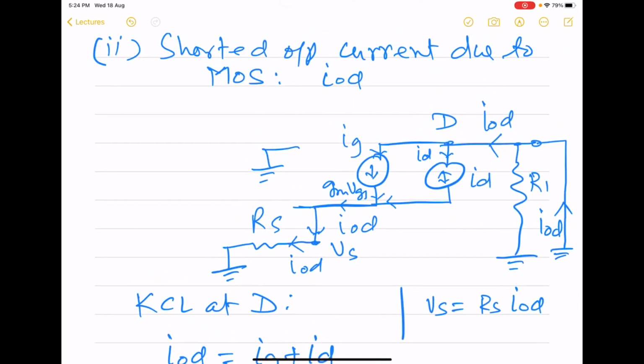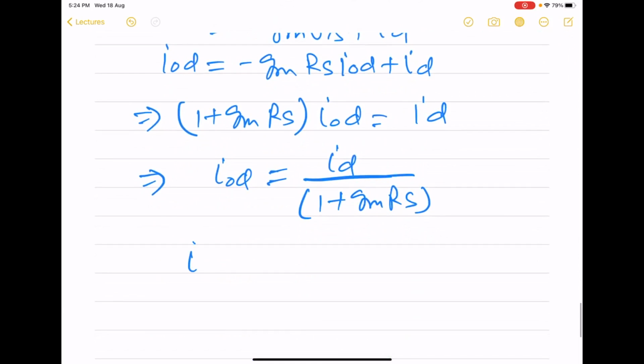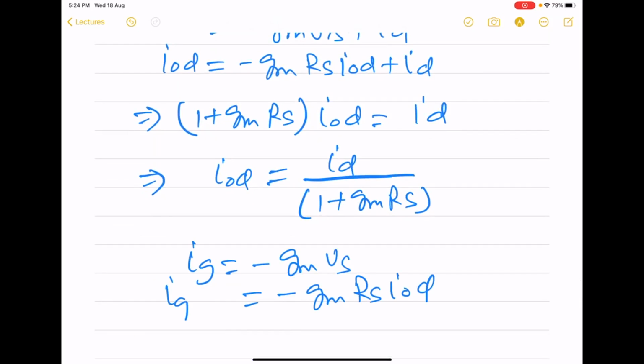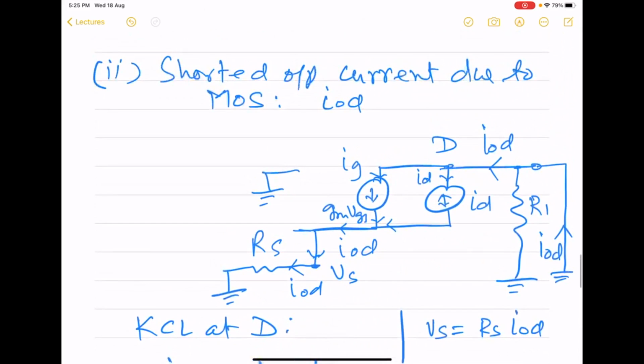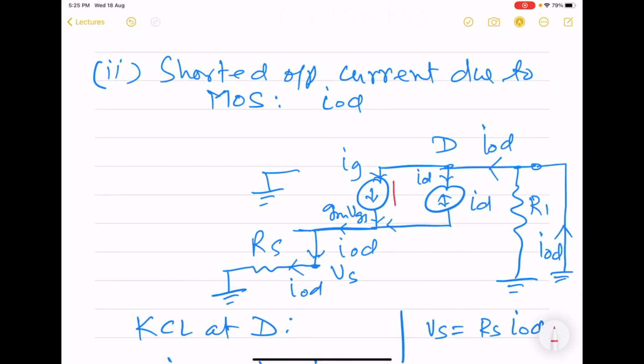So what happens here is we have already seen that the gate current is minus gm Vs, and we found this to be RS IOD. So here we find that this is not the gate current but the dependent current source of the MOS, and it is negative. If it is positive, then it flows in the downward direction, in this direction.